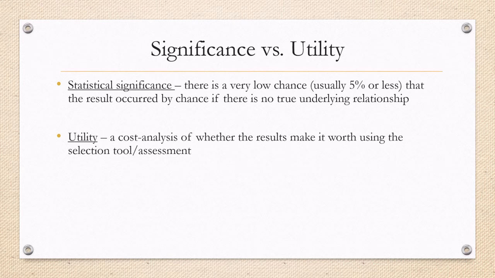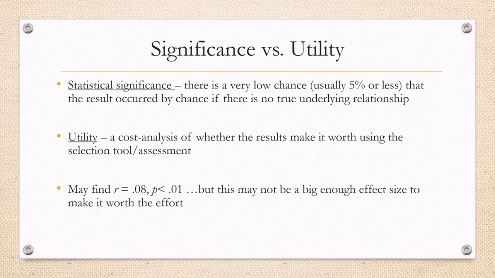Utility is a cost analysis of whether the results make it worth using the selection tool or assessment. So just because a selection tool significantly predicts performance, it may not have a strong prediction, and it may not be worth using because of the cost associated with that selection tool.